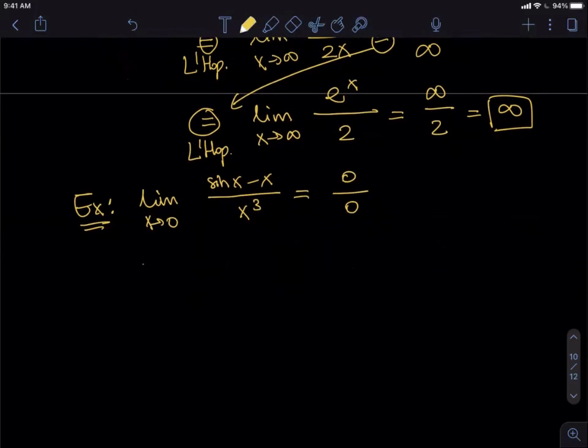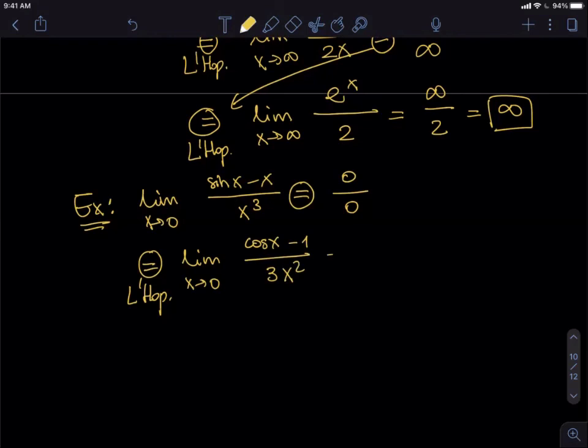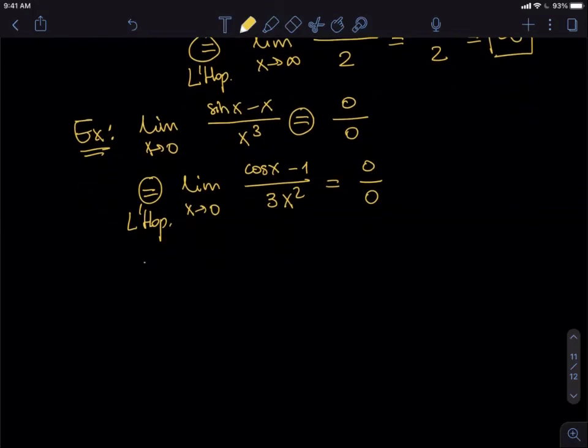It's an indetermination. So then we need to apply L'Hopital, right? So this is the limit as x tends to 0 of the cosine of x minus 1 divided by 3x squared. And this still gives 0 divided by 0. So we need to apply it again.